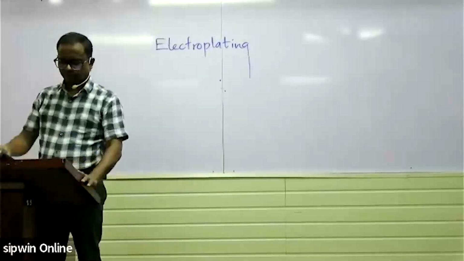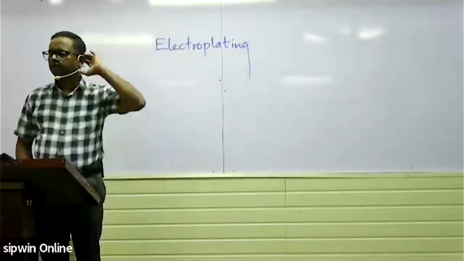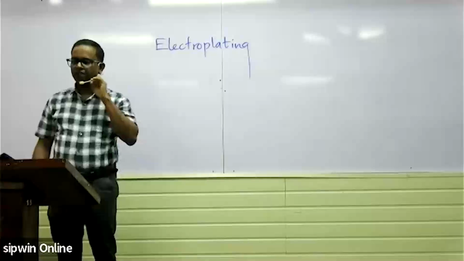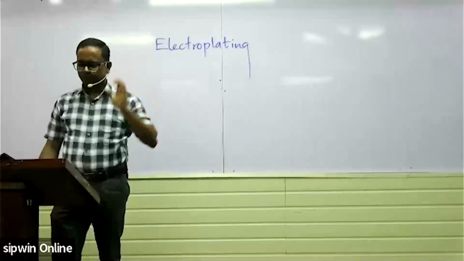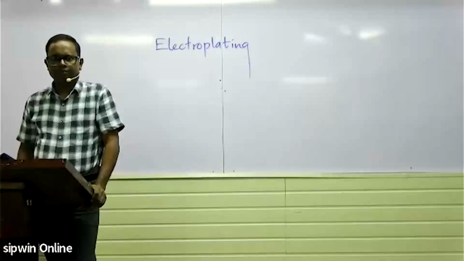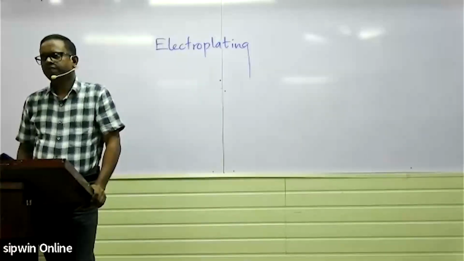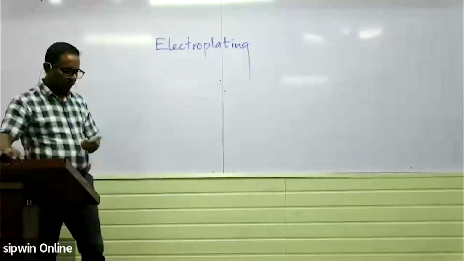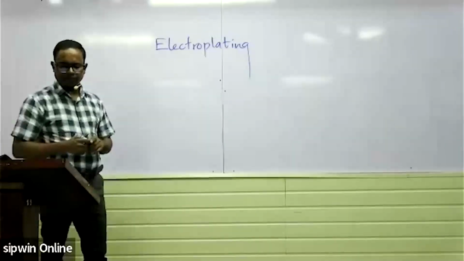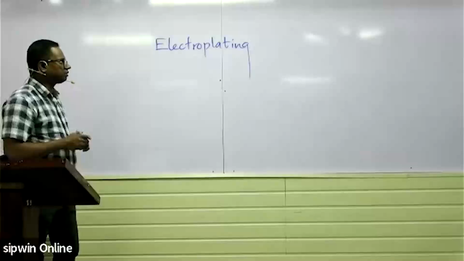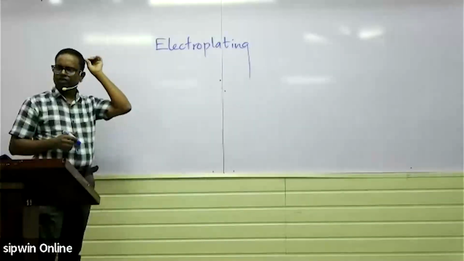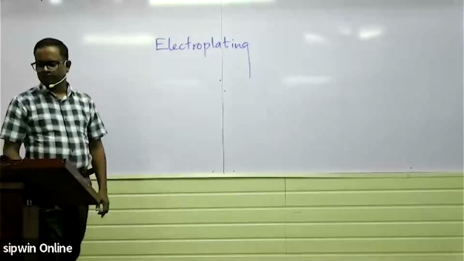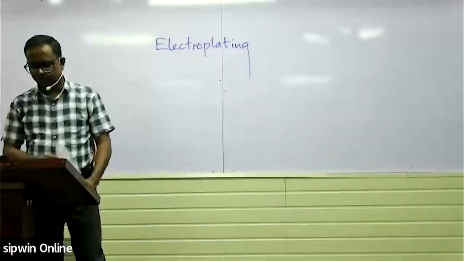This is again an electrolysis process, right? Electrolysis process, but here we do this one with a requirement, right? We want to apply a layer of metal in some sort of object, right? This is also an electrolysis process.